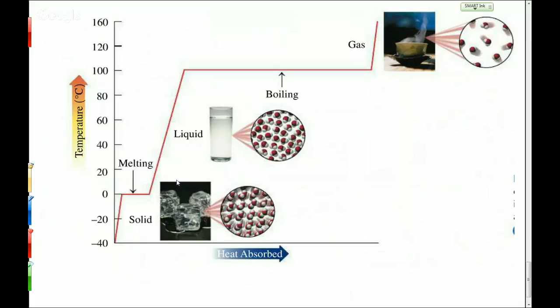It just changes its state, but it requires a lot of energy to do that. The amount of energy, which you don't have to know this number, is 80 calories per gram. So it takes 80 calories to melt a gram of ice without changing its temperature.